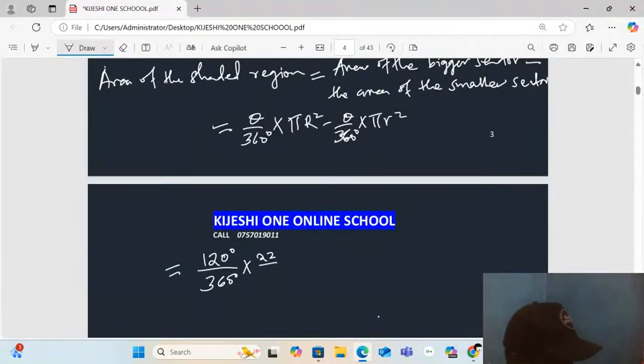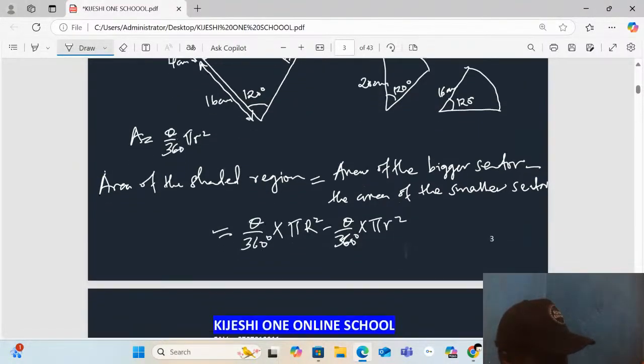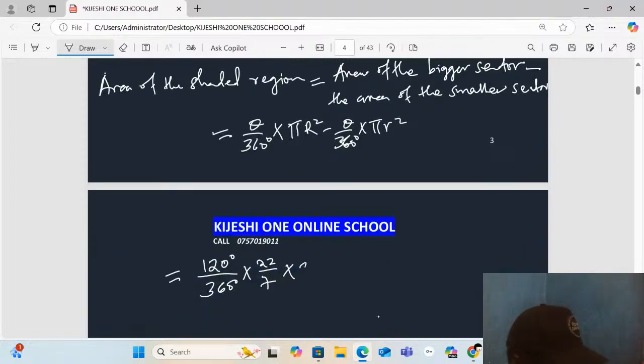We are taking 22 over 7 times the bigger R, this one. You said it's 20 centimeters. So we shall have 20 times 20 minus the whole of these minus 120 divided by 360 times 22 over 7 times 16 times 16.